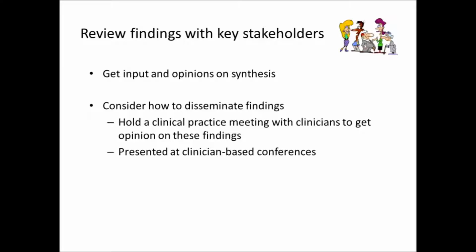And at this point, you also might want to consider how you could disseminate those findings. So you may want to hold a clinical practice meeting and get clinicians' opinion on these findings as well. And you also may present at different conferences where the audience that you're interested in would be.